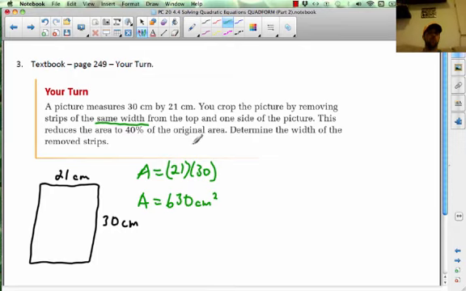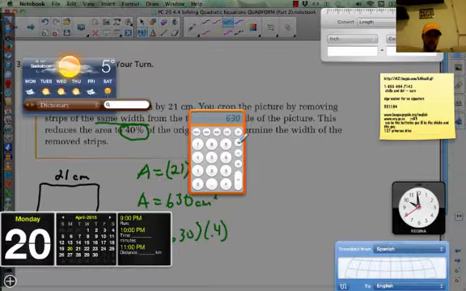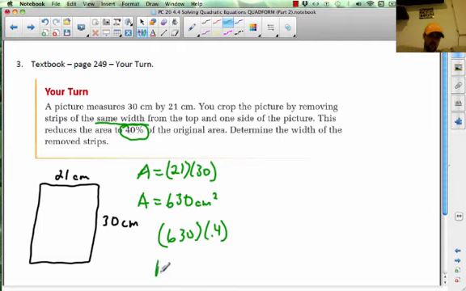Now, it says we've reduced it to 40% of the original area. If we take 630 and multiply it by 0.4, this is what's left for the new area. So 630 times 0.4 equals 252. So the new area, we'll call it A sub 2, equals 252 centimeters squared.